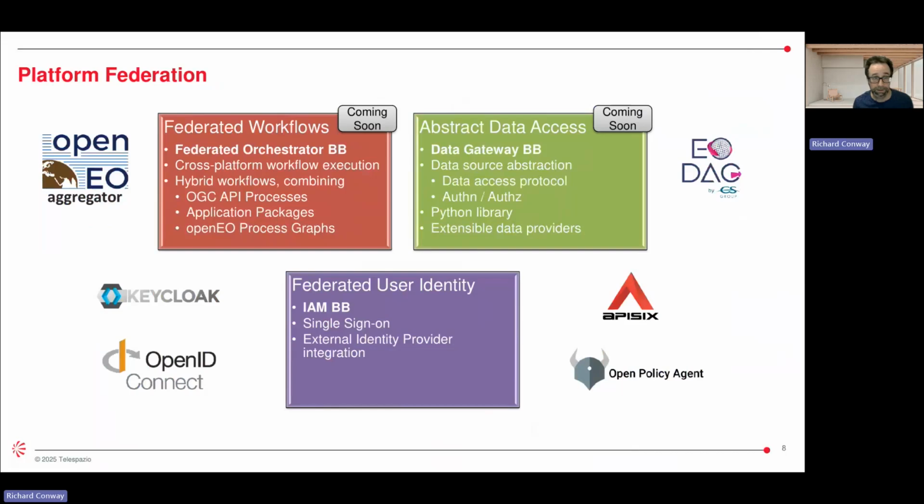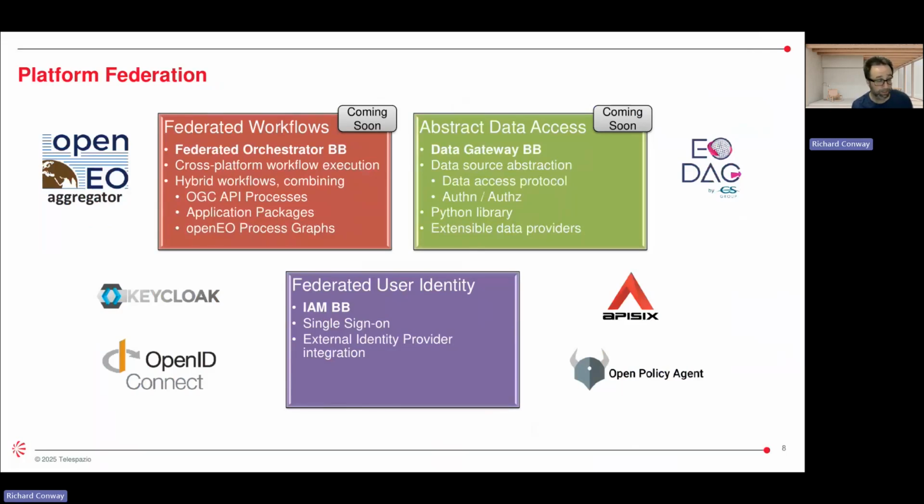So the ability to combine steps of a workflow that are designed around API processes and combined within the same workflow steps that utilize OpenEO process graphs, and all of that being executed and distributed across more than one platform.